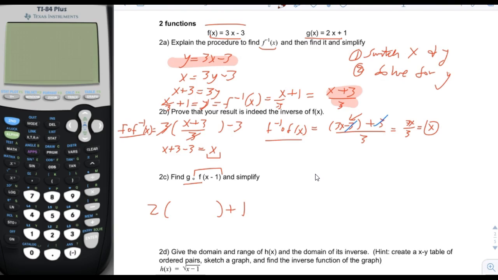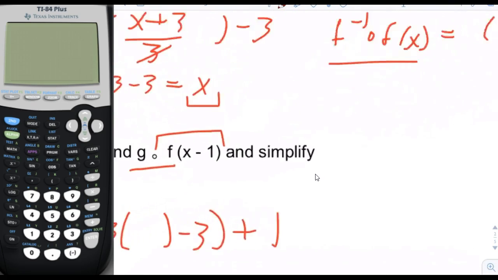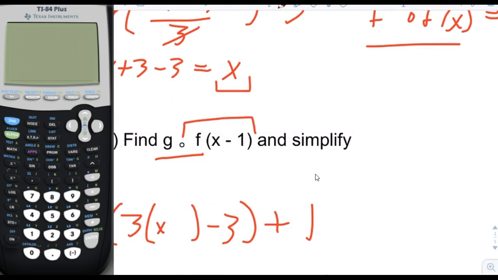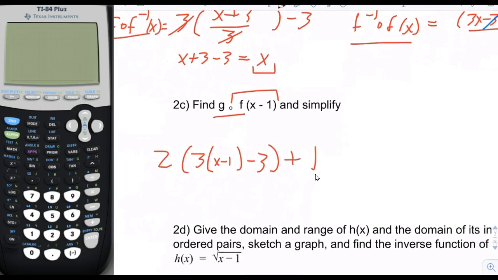f of x is 3x minus 3, so I'm going to put 3 parentheses minus 3, because that is f. Now inside the parentheses for f, instead of putting x, I'm going to put x minus 1. Now I have quite a complicated expression here. I'm just going to use algebra to simplify it. So I'm going to have 3x minus 3, because I expanded that part, and then minus 3 plus 1.